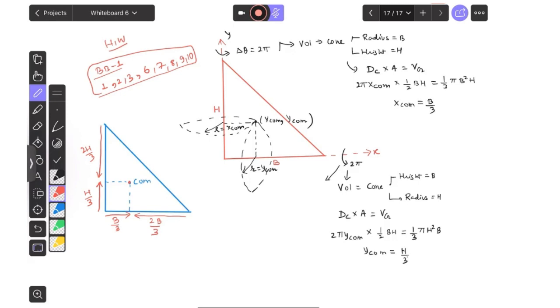Next you will solve exercise 1. Question number 1, question number 2, question number 3, question number 21. Okay, this many questions at least you will try before you come for tomorrow's class.